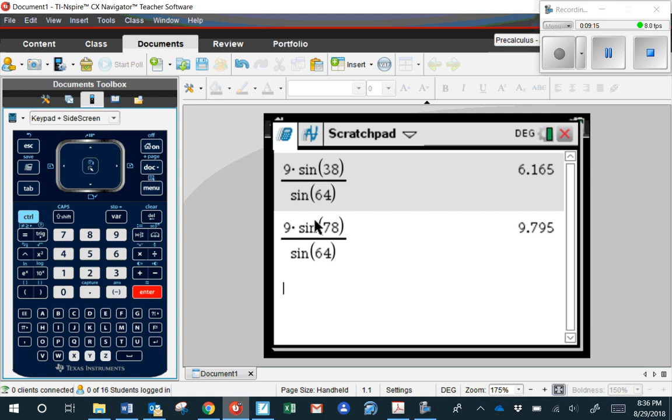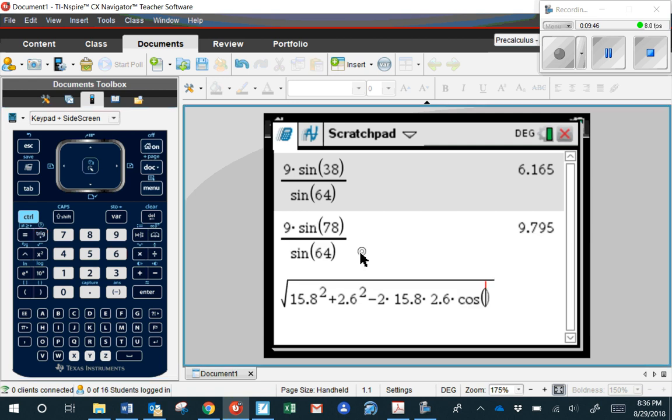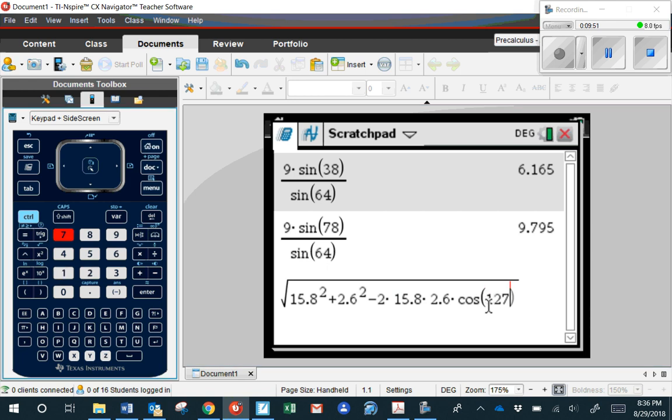So the square root of 15.8 squared plus 2.6 squared minus 2 times 15.8 times 2.6 times the cosine of 127 degrees.